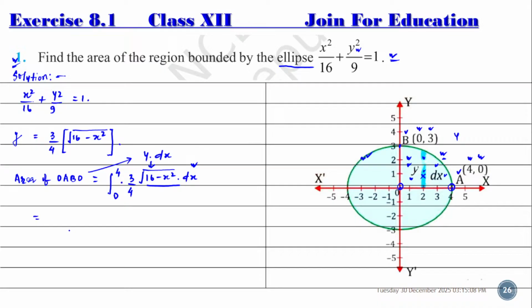Therefore we write down here the integration of this one will be 3/4 and x by 2 into root of 16 minus x square plus a square by 2, that is 16 by 2, into sine inverse x by a, that is x by 4, and we write down here lower limit 0 and higher limit 4.